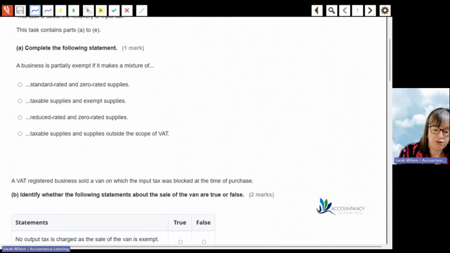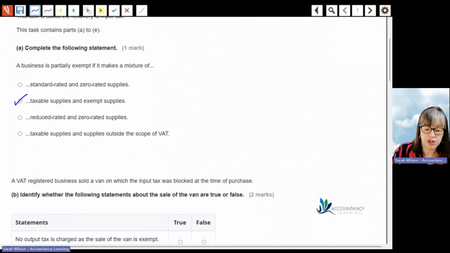So when we look through these 4 options, standard rated and 0 rated supplies wouldn't make them partially exempt. Taxable supplies and exempt supplies, so we've just been saying that. So they have some taxable supplies and some exempt supplies. So that's going to be the answer to our statement.